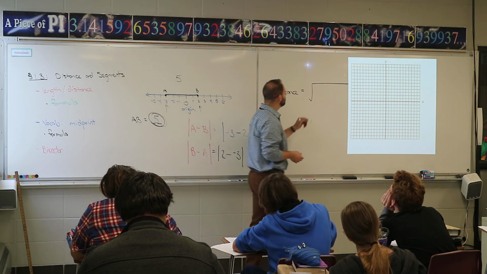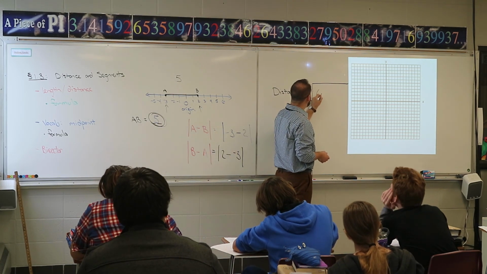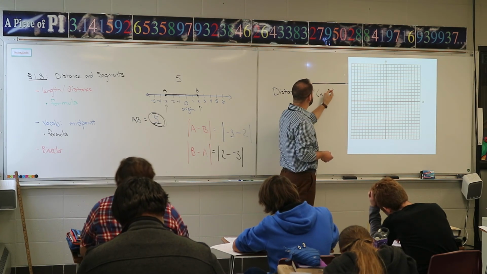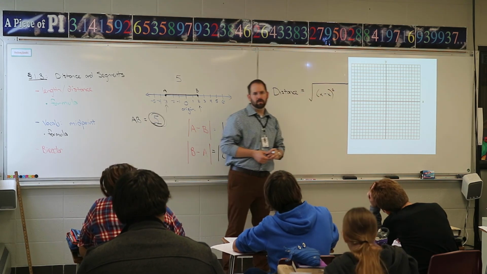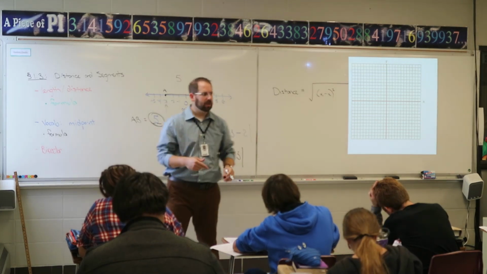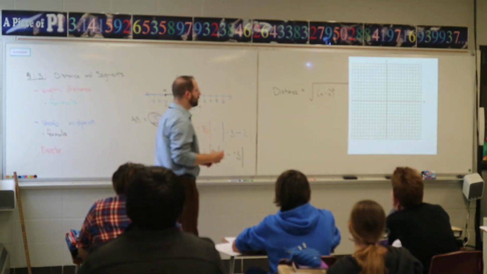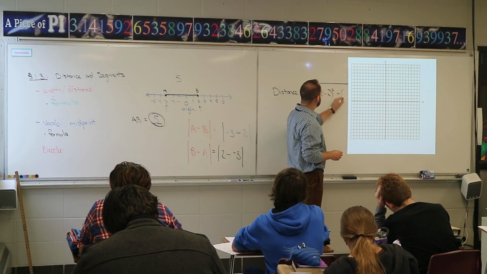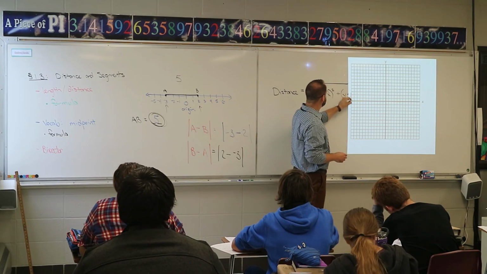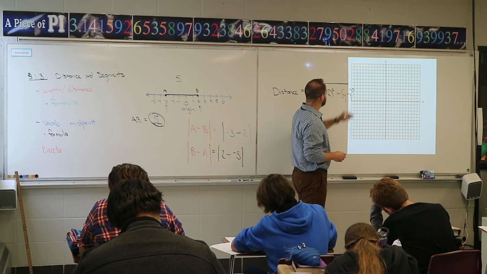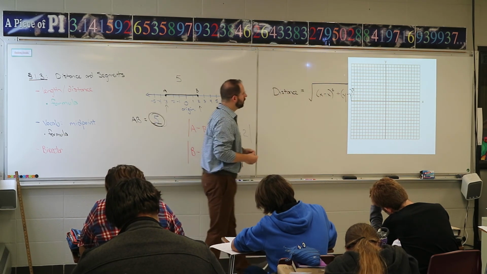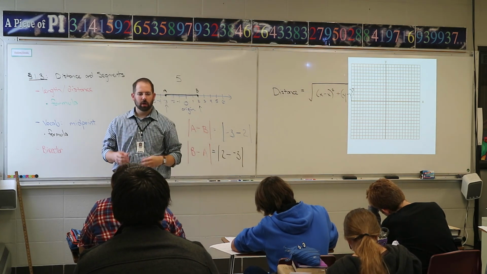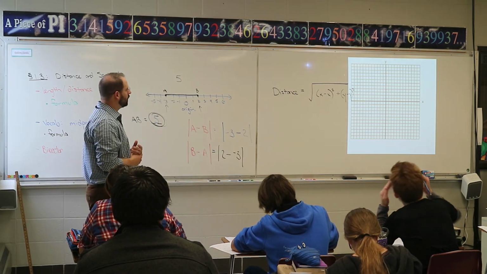On the inside, you're going to subtract 2 x's and put a power 2 on that parenthesis. So whatever 2 x's are, subtract them, put a power 2 on it. Then you're going to add. You're going to subtract 2 y numbers and put a power 2 on that. That is your distance formula on a coordinate plane.